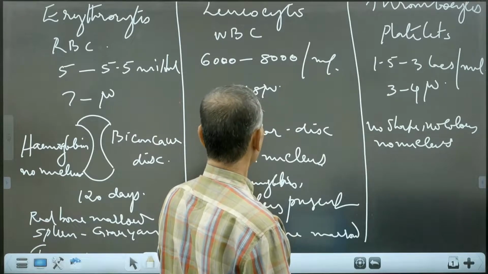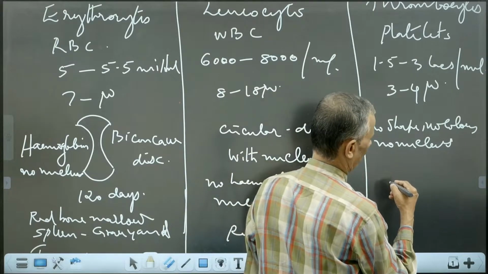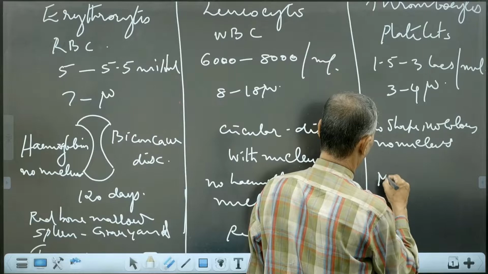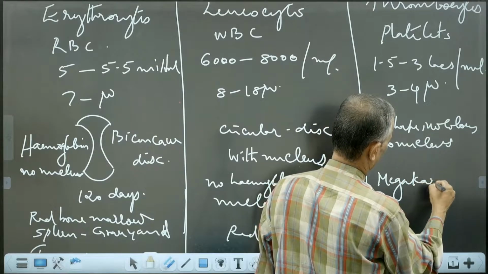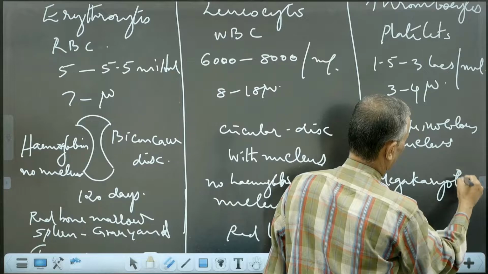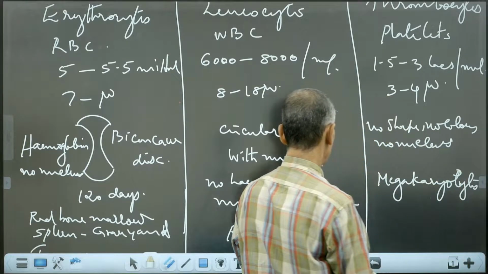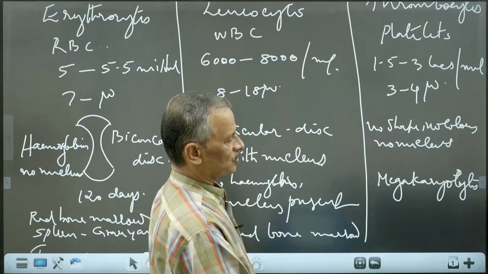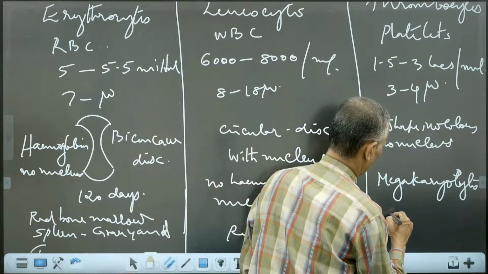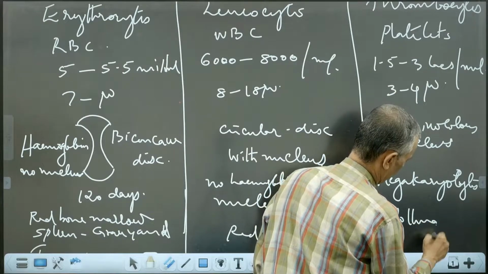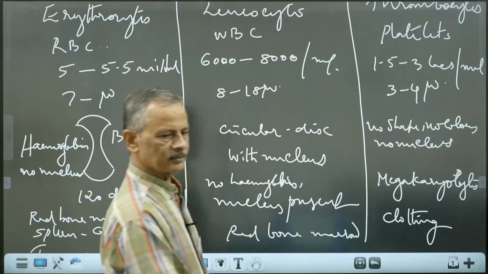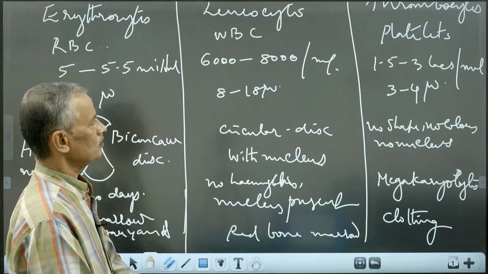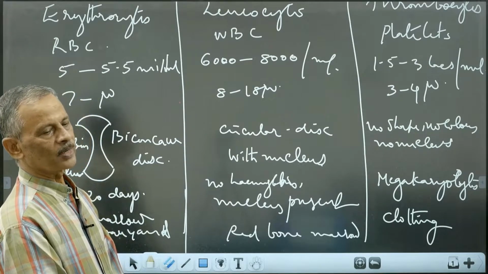And they are also produced from red bone marrow, and we are having large nuclear cells called megakaryocytes, from which they are all produced. And what is their main function? Their main function is coagulation or clotting of blood. Blood clotting. Okay, so that is about the different types of blood cells.